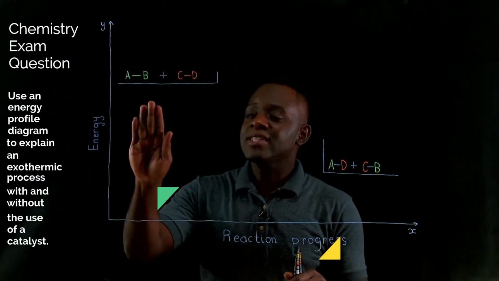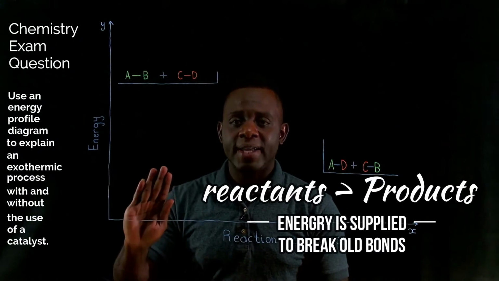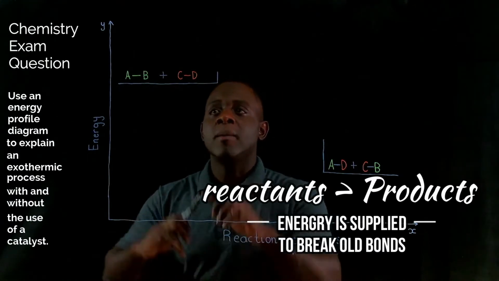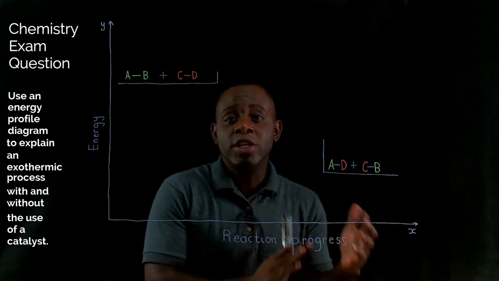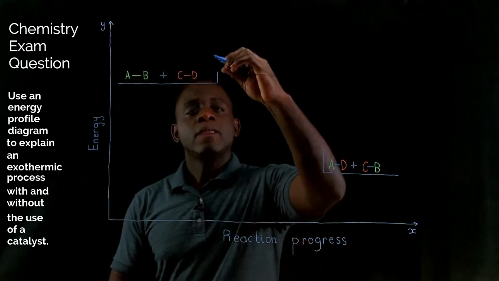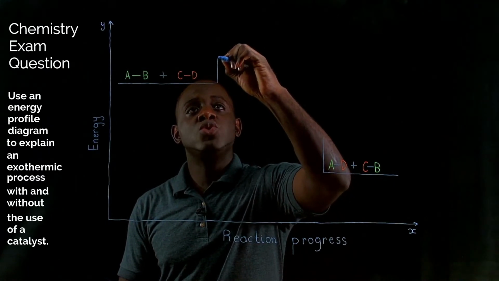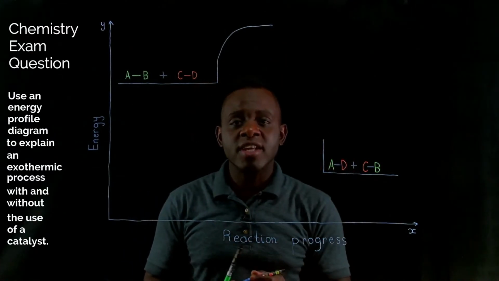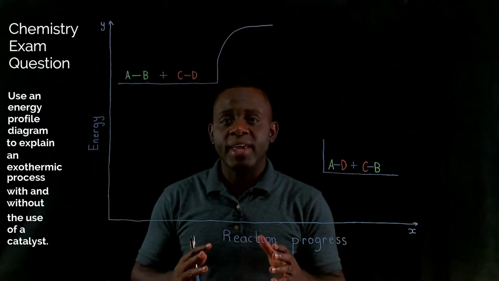But for reactants to be changed into products, energy needs to be supplied. This energy supplied will cause the bonds in the reactants to break so that new bonds can be formed in the products. So, as the reactants absorb energy, they need to do so until they reach a certain amount of energy that will cause the bonds to be broken.